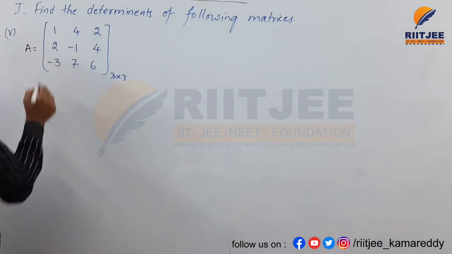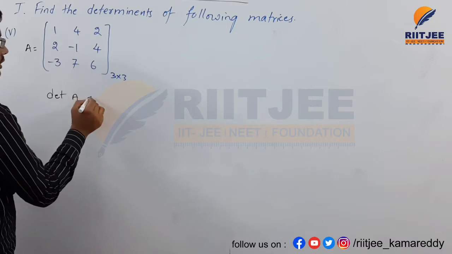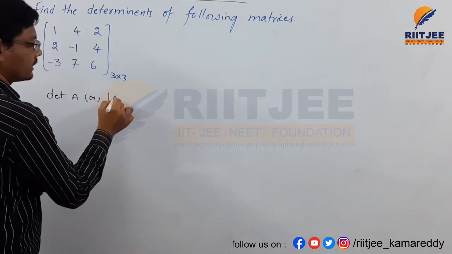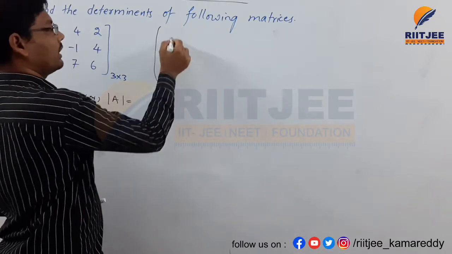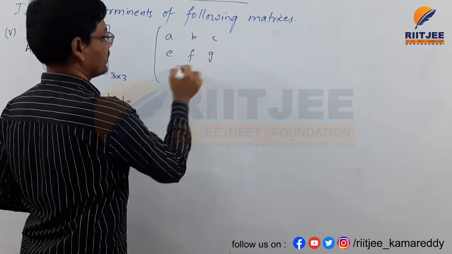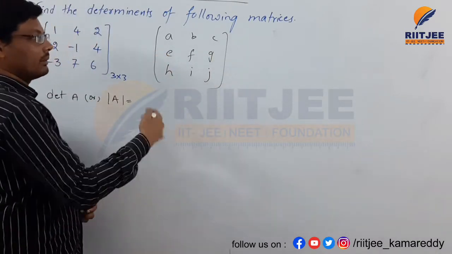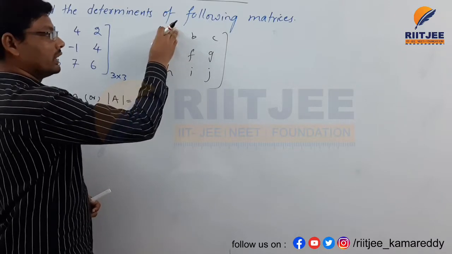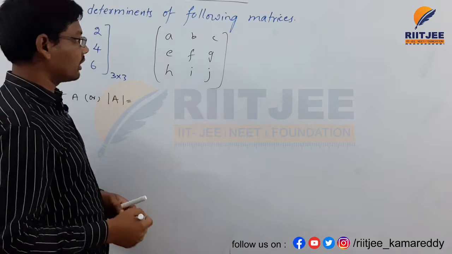So det A or mod A, we have a formula with A B C, D E F, G H I. In the classical method we need to close this row and this column, and according to that we need to solve.